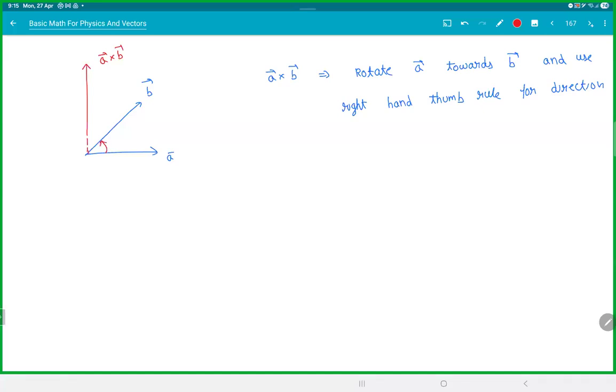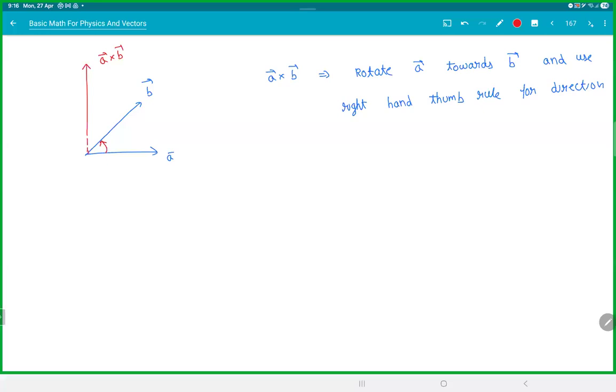Remember that Kruka example? Look at this again. If this bottle, you can see, suppose this is A and this is B. So in front of you is A and this is B, the left. Now if A rotates towards B, meaning if I rotate this way, the cap comes out. That is the direction of your thumb, isn't it? If you rotate this way, thumb comes out. If you rotate this way, the cap goes inside.